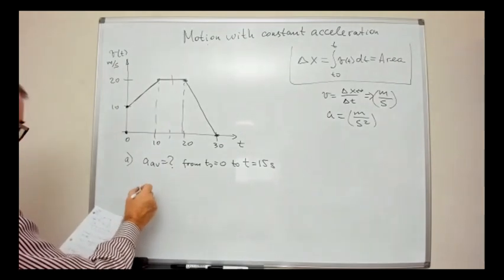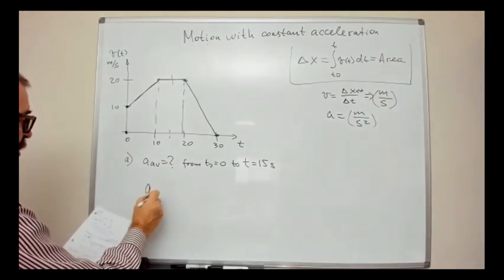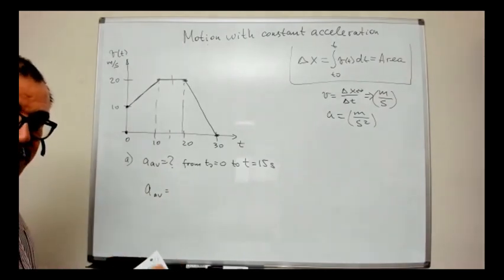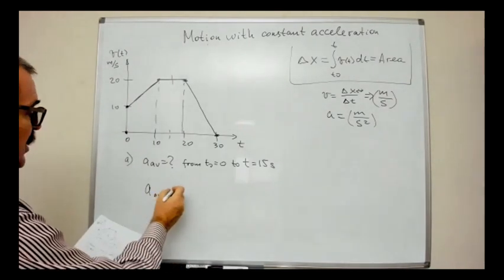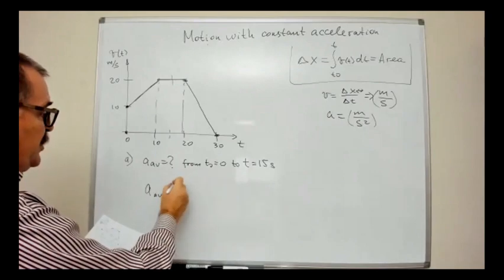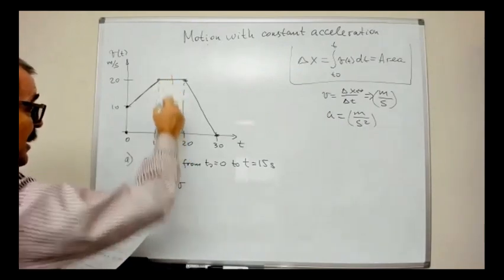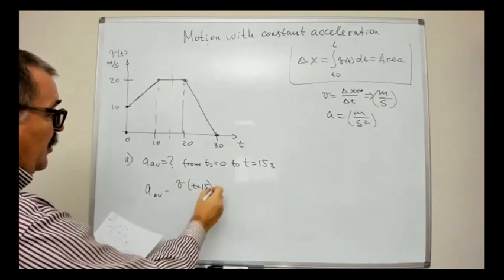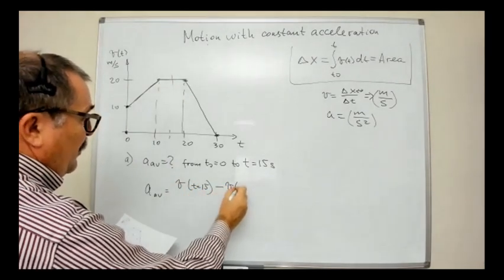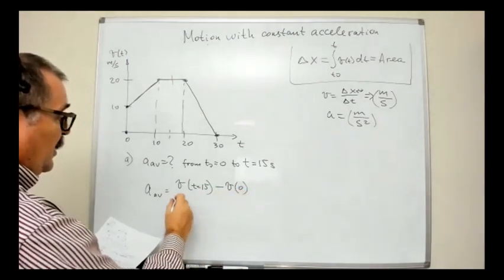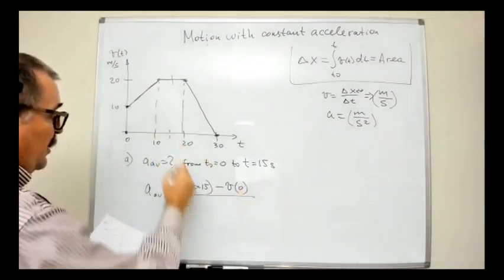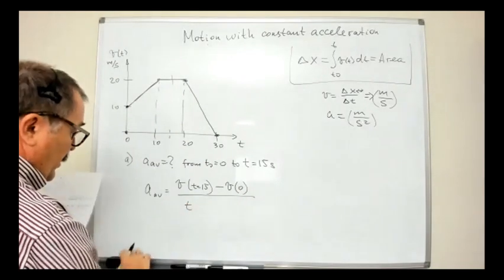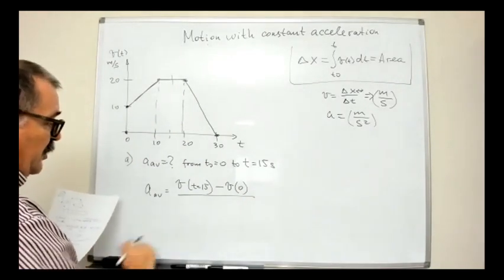So the average acceleration can be found using, again, the formula which we discussed. It's the velocity at time t equals 15 seconds minus the velocity at time 0 seconds, divided by the time interval 15 minus 0.